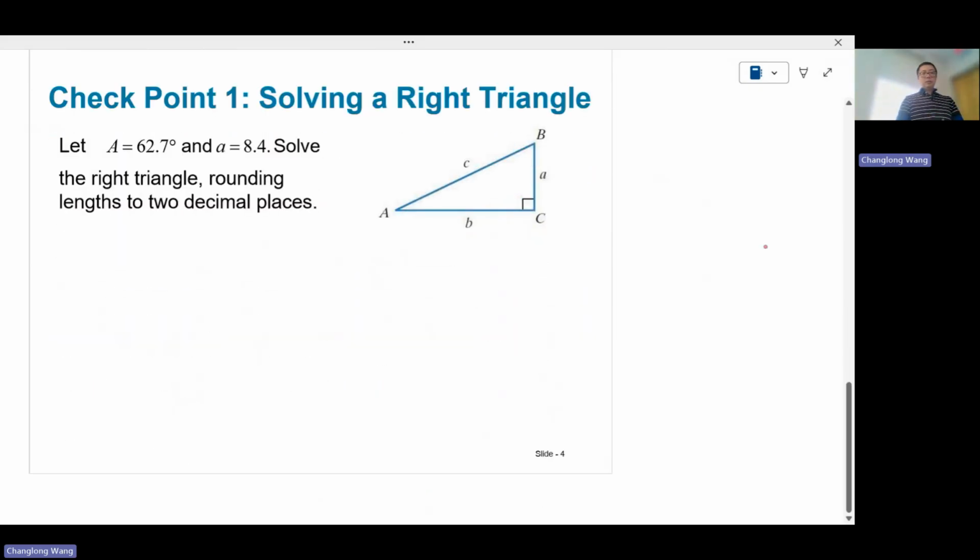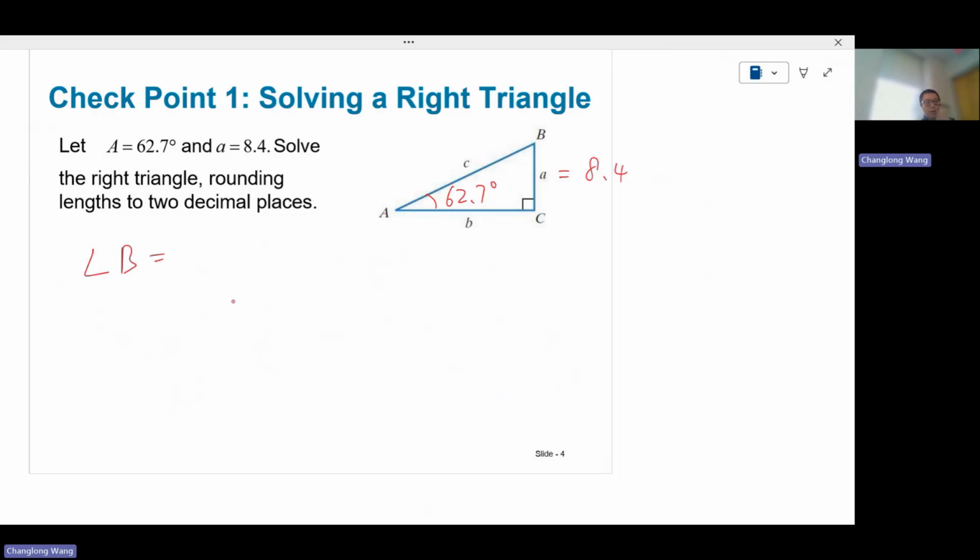But it will be so straightforward because you don't need anything else other than something you already know so far. For example, like this example here, we have a right triangle, and they told us that the angle A is 62.7 degree, and the opposite of that angle is 8.4. So we're missing the angle B, right, and the side B and the C. But I'm sure that you can tell right away angle B is such an easy thing to figure it out, right?